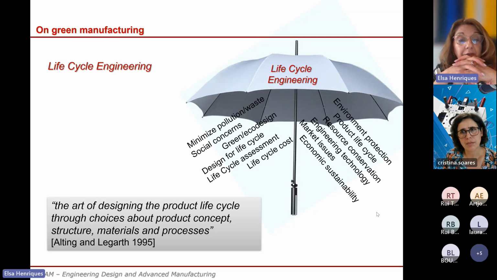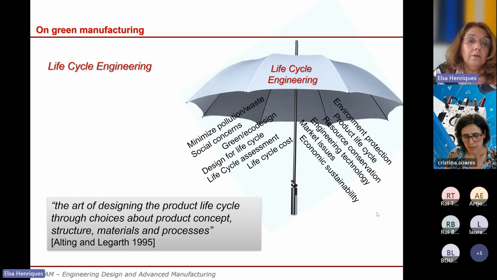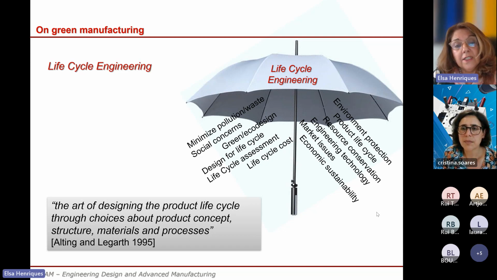It emerged for the first time in the 90s. So for Altin, especially Altin, who work a lot on that concept, they consider that life cycle engineering is the art of designing the product life cycle through choices about product concept, structure, materials, and processes.